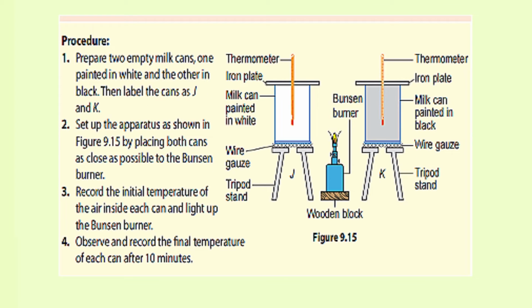Set up the apparatus as shown in the diagram by placing both cans as close as possible to the Bunsen burner.